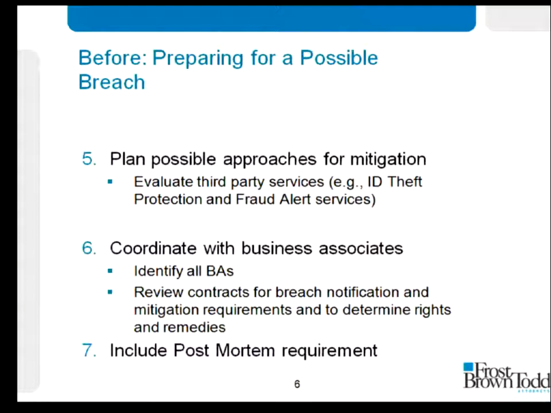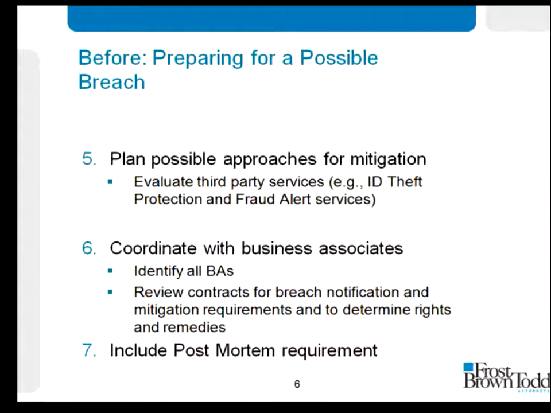Also coordinating with business associates. As I said previously, if you're a covered entity, you'll want to identify all of your business associates, and then similarly for business associates, identifying all of your covered entities. And you'll want to have a synopsis of each of the contracts to have a quick reference with respect to what types of incidents are in fact reportable to your covered entities if you're a business associate.